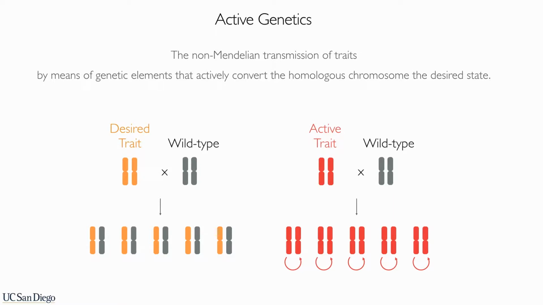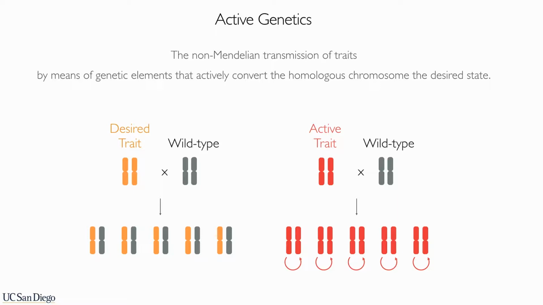And generation after generation, you get this amplification in a population, so you can basically spread a wanted characteristic into a whole population, or you could use this system to bypass the constraints of Mendelian genetics.